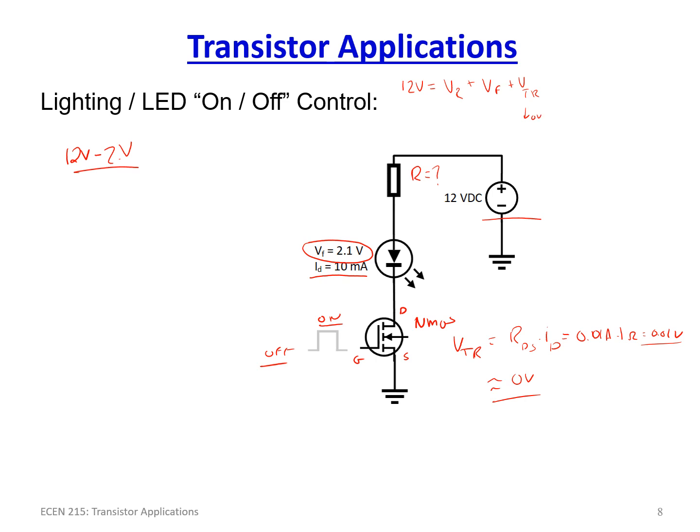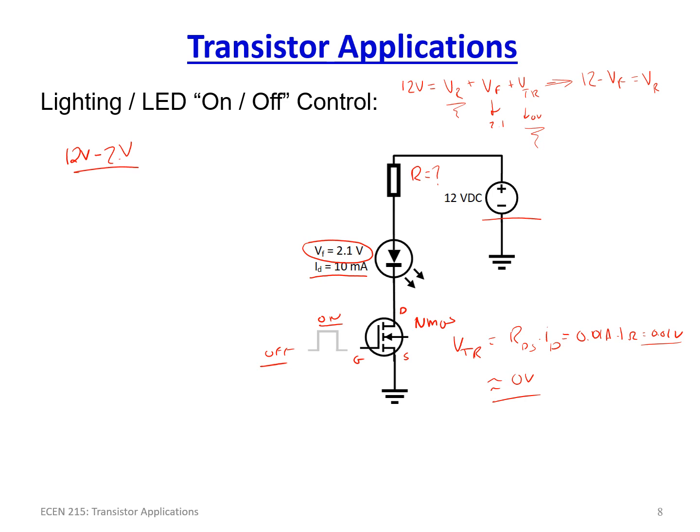VTR is equal to 0 volts, and VF is equal to 2.1 volts. All we need to figure out is VR. So again, resolving this, we end up with 12 minus VF is equal to VR, effectively, considering that VTR is 0 volts.